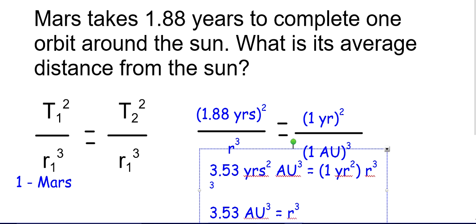Now all I need to do is cube root that. Unfortunately, on my phone, I don't have a calculator on me that calculates that, but all you have to do is cube root that, and that should tell you the astronomical unit distance from the sun to Mars. Hope that helps.